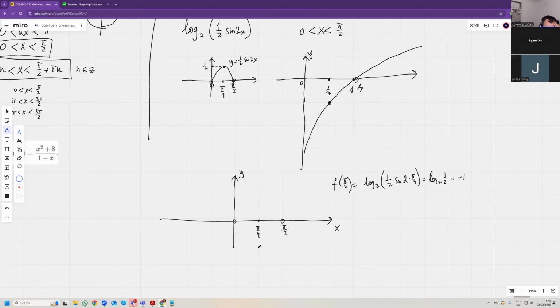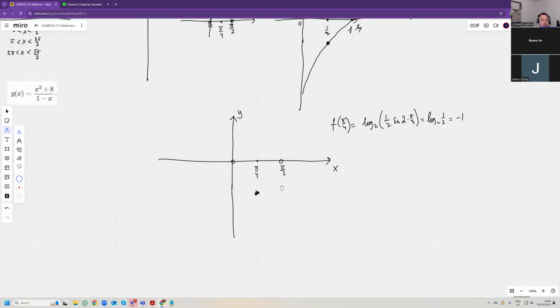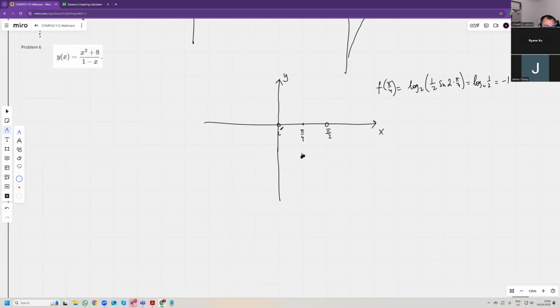So it's going to be -1 at this point. And then we can investigate what's happening. So 0 and pi over 2 are the points of discontinuity.